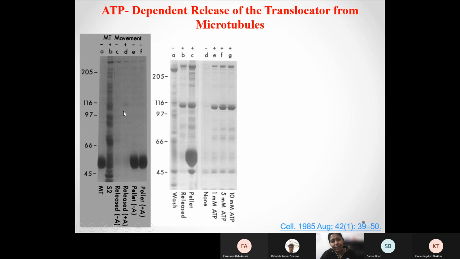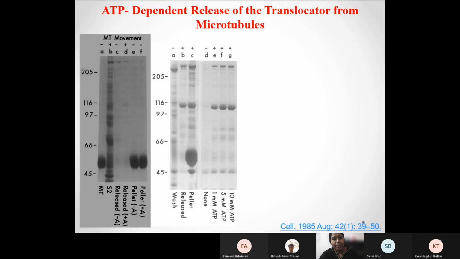And when they did that, this is what they found. They found a weak band somewhere around 110 kilodaltons, somewhere around here. Very weak band. So they went on doing this further, enriching this fraction over and over again until they could clearly see this band coming up, 110 kilodalton. And they also observed a dependency on ATP.